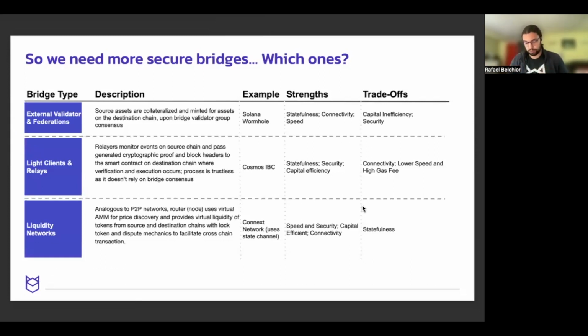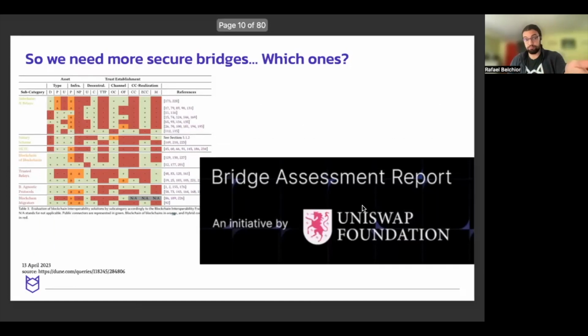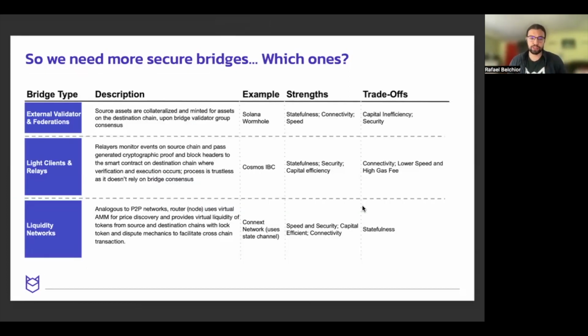If we focus specifically on the bridges, because we have more interoperability solutions than bridges, we can divide bridges into three categories: externally validated bridges, light client bridges, or natively verified, sorry, and liquidity networks that are locally verified. Externally verified bridges rely on a quorum or a single party to validate messages on the source chain.